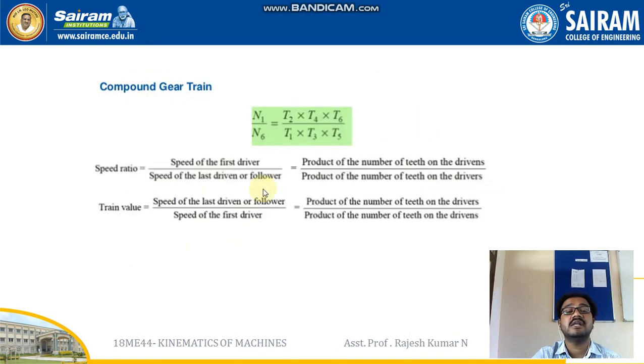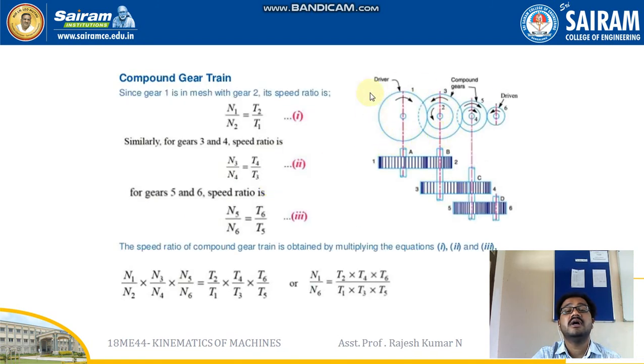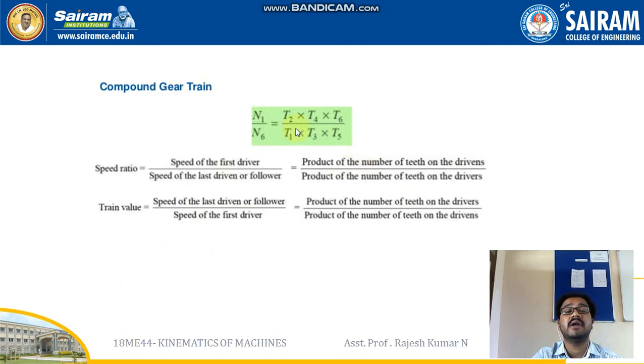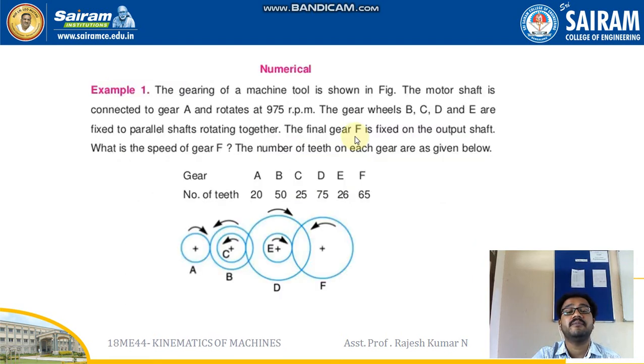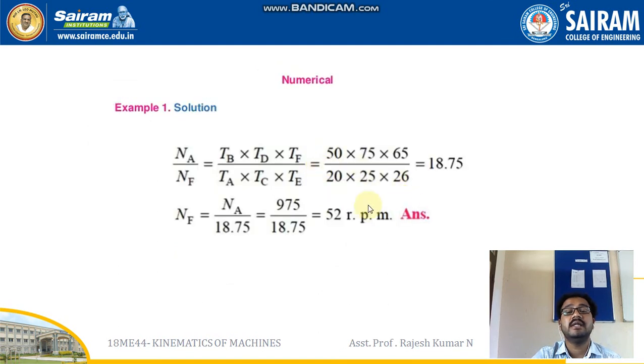Here I have written all the gears as numbers, so that when I write the gear train equation it is very easy to remember. The speed ratio will be the driver divided by the follower, and the right-hand side will always have the even number of teeth in the numerator and the odd teeth numbers in the denominator. So we will get the answer.